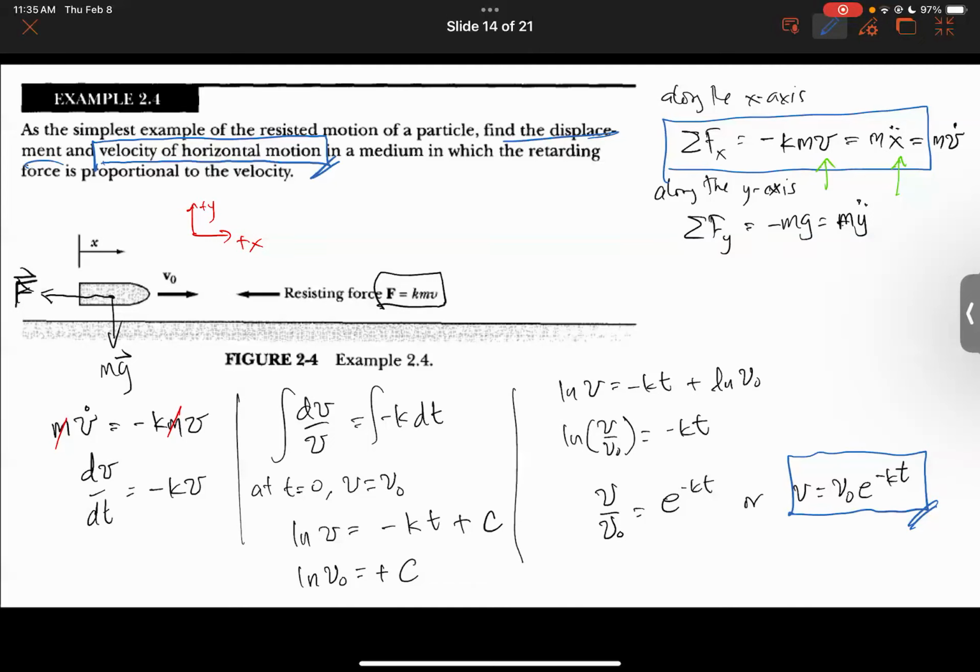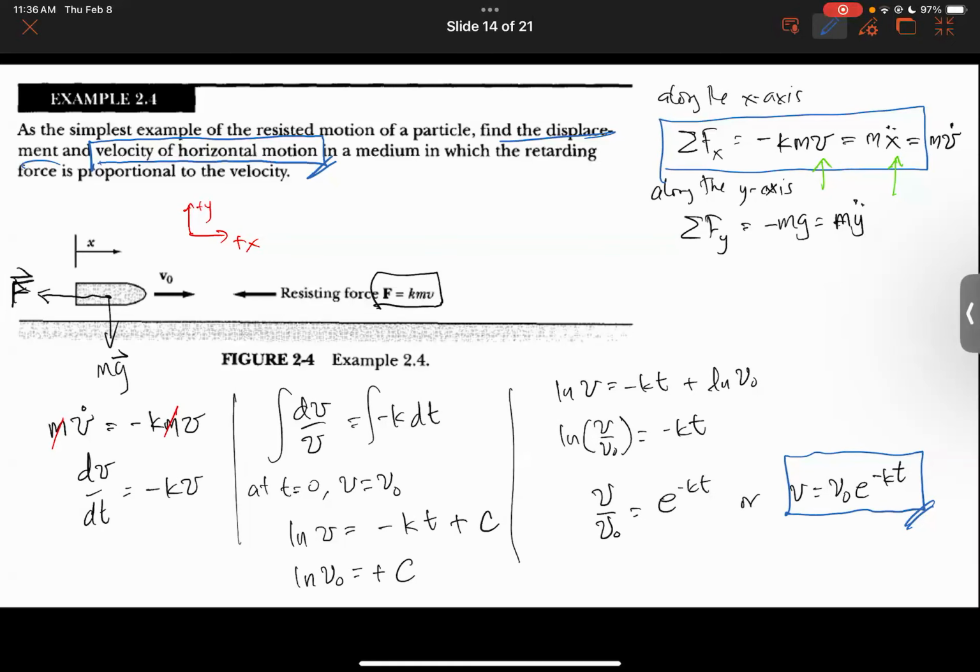To solve for the displacement, we simply use yung relation na v ay equal sa first derivative ng displacement with respect to time. So starting from this equation, v is equal to v naught exponential minus kt.